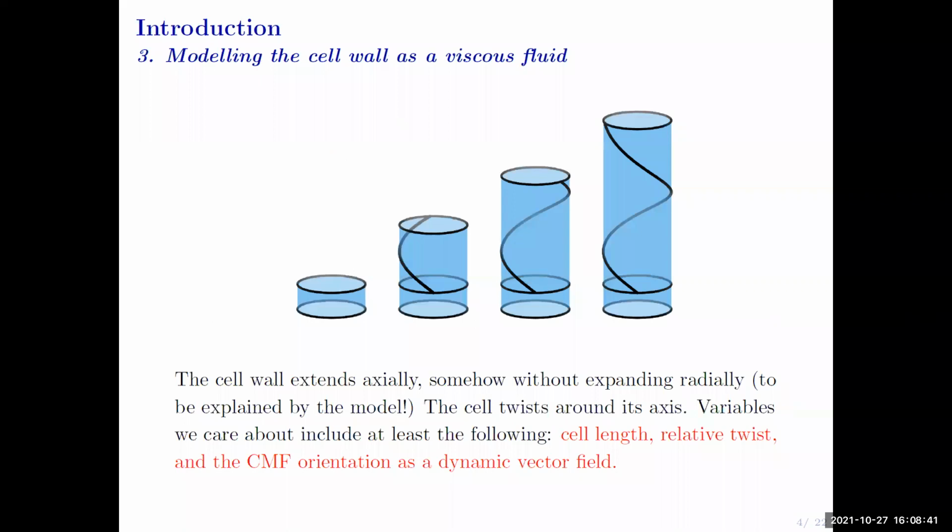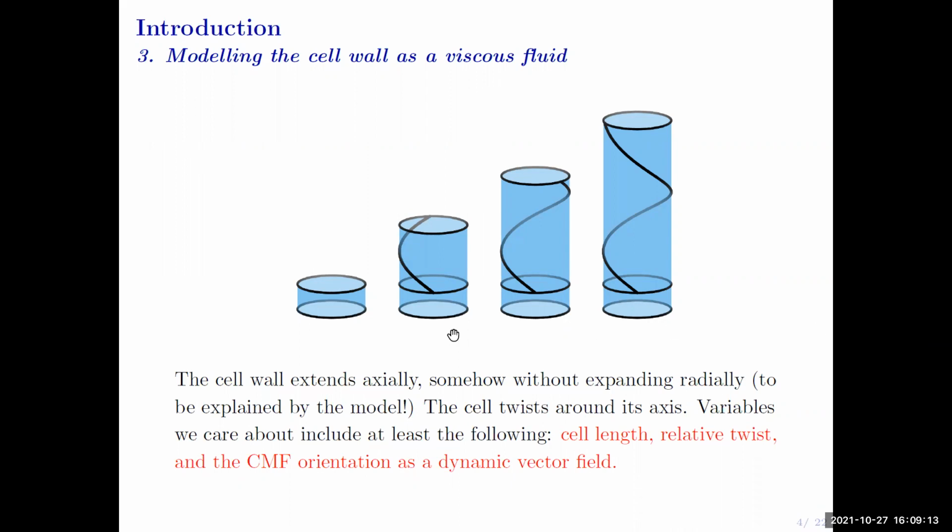So we'd like to model the cell wall as a viscous fluid, and it's possibly a good idea to give an immediate intuition into what that entails. We know that the cell extends axially without expanding radially, and this will be explained by the model. But if you think of the cell wall as a fluid, then naturally, a priori, you can't rule out the flow twisting around the growth axis.